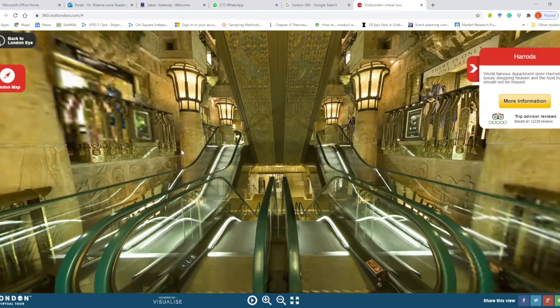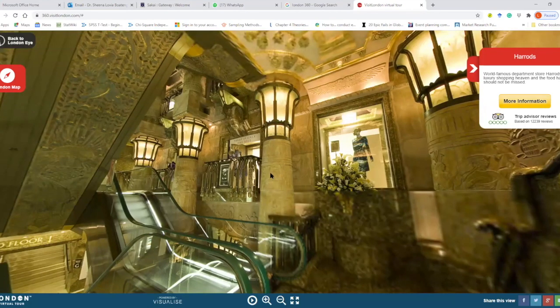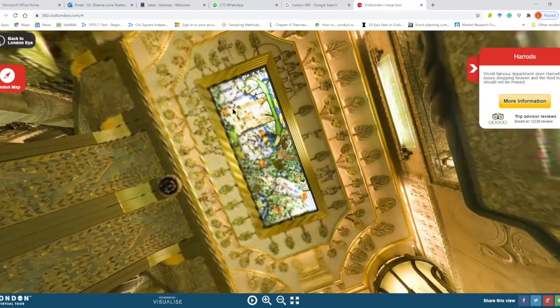Okay, so we can either go up or down. Oh, wow, the city looks very nice. So that will be part of the conversation that I will have. Like if I'm trying to convince someone I've been there, I can talk about the stained glass window at the top of the building and how pretty it looks.